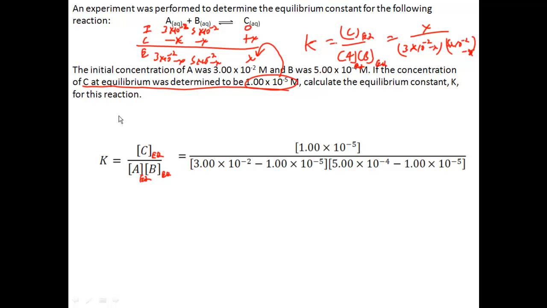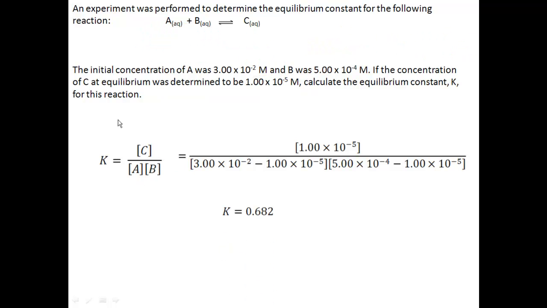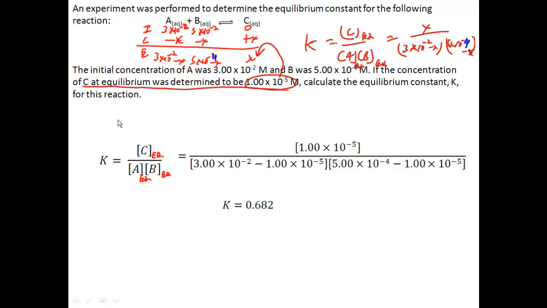We know that B is 5 times 10 to the negative second minus 1 times 10 to the negative fifth. Okay, that will give me my concentration of B. I noticed up here that I said minus 2, it's minus 4. Sorry about that. Alright, so do the calculation. Get an answer. K is 0.682.